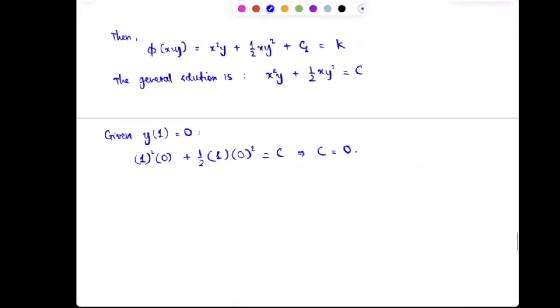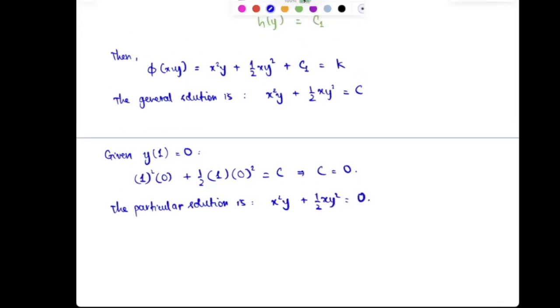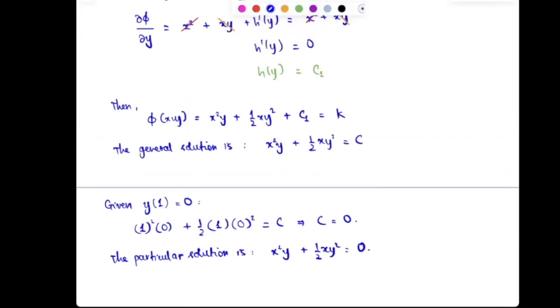So the particular solution is x squared y plus 1/2 xy squared equal to 0. And that's it for the exact differential equation lecture.